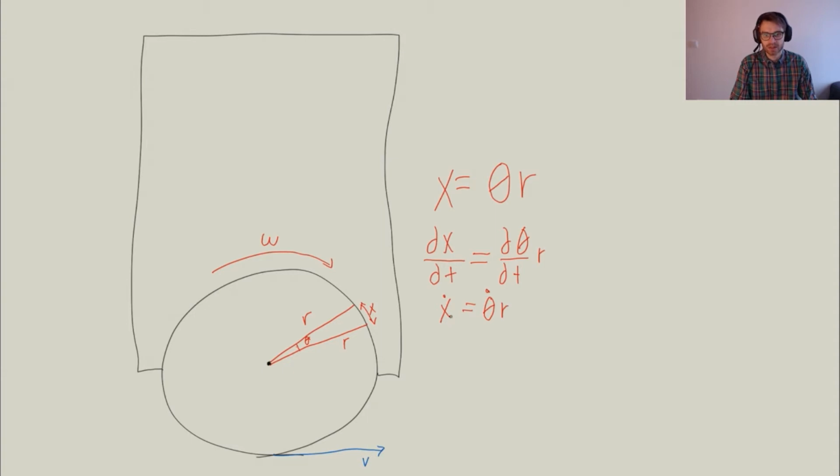Now we also know that x dot, the derivative of space or distance, the change in distance, is velocity, v. And we know that the derivative of the angle, the change in the angle, is the angular rotation. So here is the formula that is shown in the lecture slides.